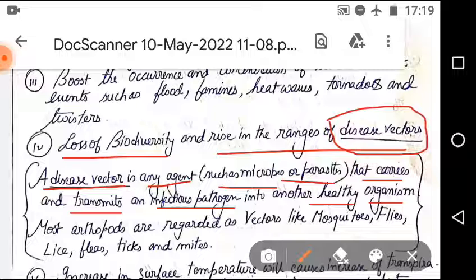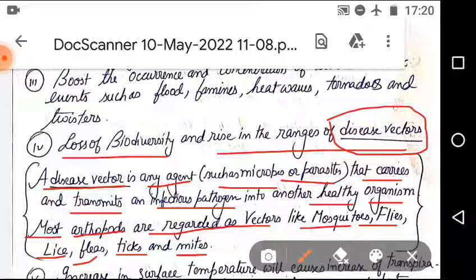Most of the arthropods, in your language insects, all the insect family, are regarded as vectors, like mosquitoes, flies, lice, fleas, ticks, and mites. So most of the insects can be regarded as vectors.